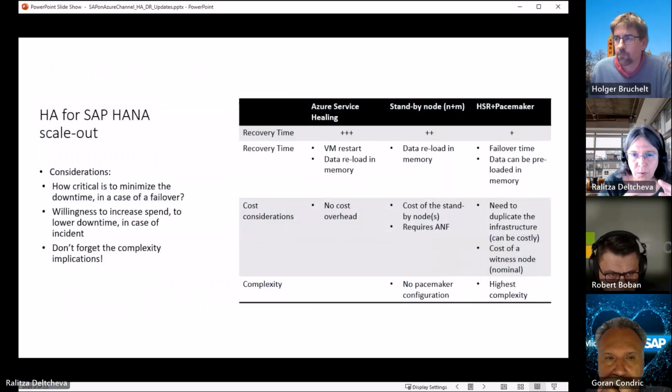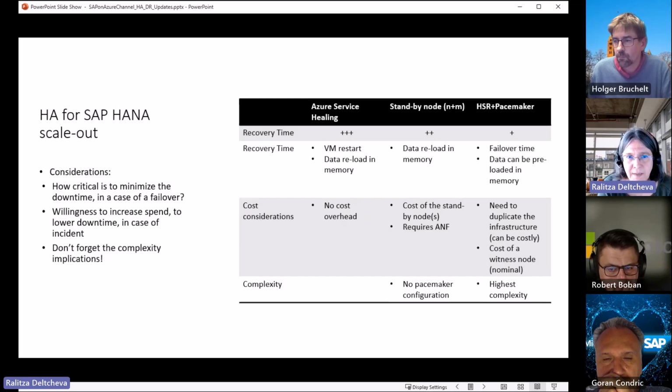Now, when customers deploy HANA scale out, inevitably they're facing the choice, which reference architecture should I choose for my deployment? And it really boils down to three things.